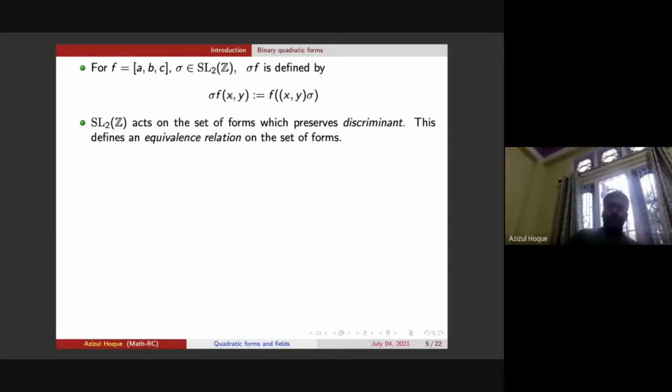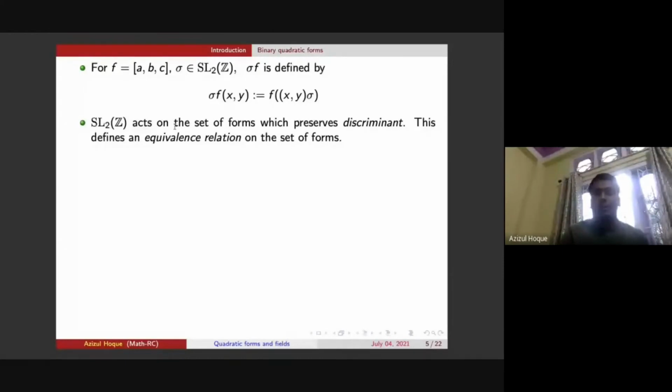Okay, so next thing is that if I take two binary quadratic forms that are equivalent, then the discriminants are identical. Since the discriminants are identical, this restricts positive definite to positive definite and negative to negative, indefinite to indefinite.